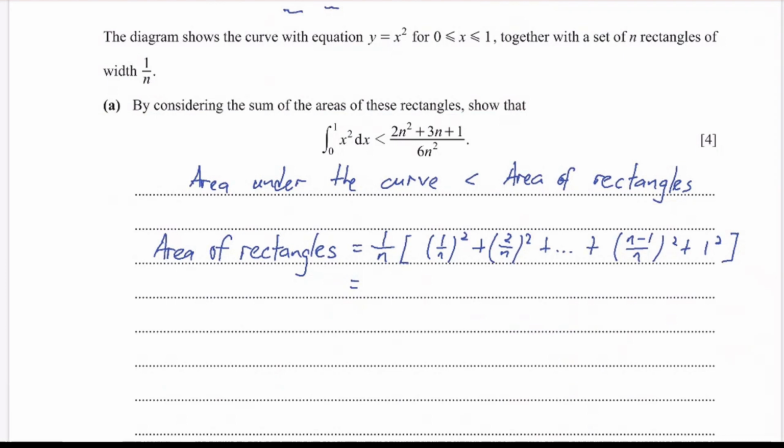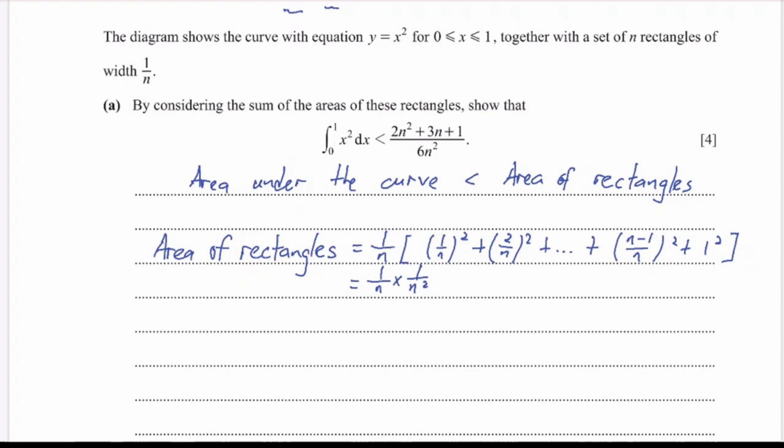How do we change that to the expression that we see in the question? We are going to consider the sum of the squares. But before we can do the sum of the squares, we have to factorize the denominator out first. All the denominators have n squared, so we factorize the denominator out first.